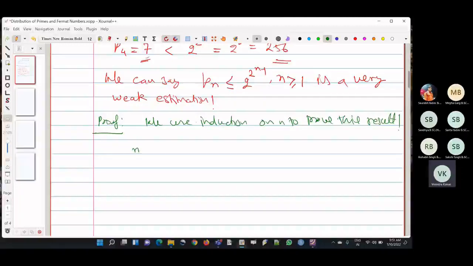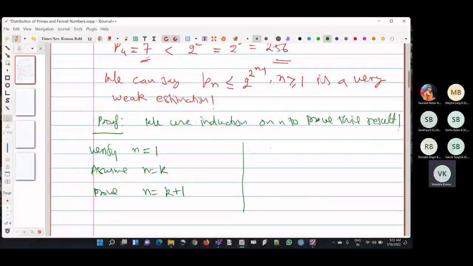If we are using mathematical induction on n, we first consider n equals 1, and then we verify this, assume this is true for n equals k, then prove the result is true for n equals k plus 1.